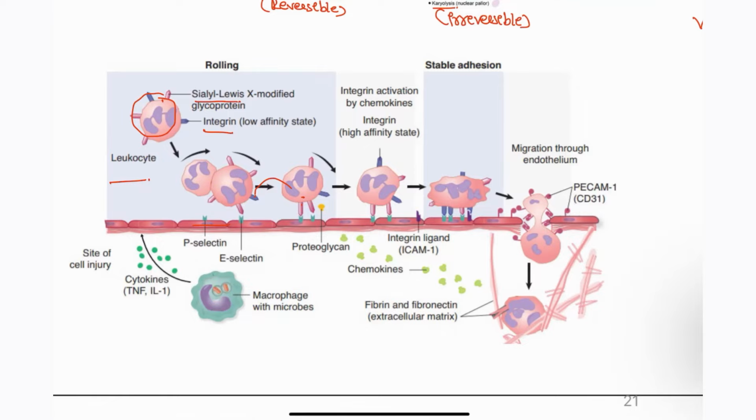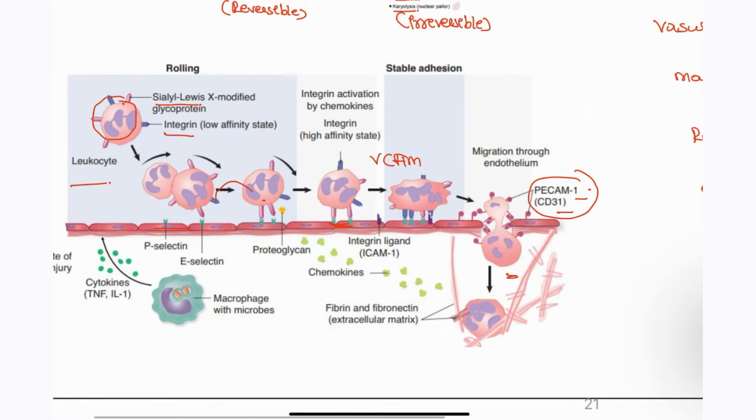And again, this is known as adhesion, and for this adhesion we have specific molecules, VCAM. The VCAM is helpful for the adhesion. And after that there is diapedesis. Diapedesis is helped by CD31 or PECAM-1.